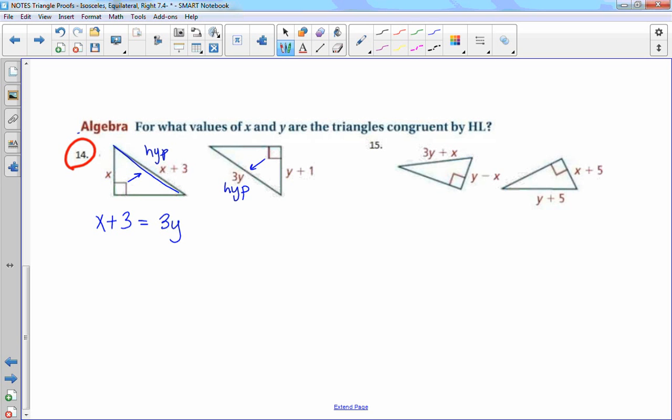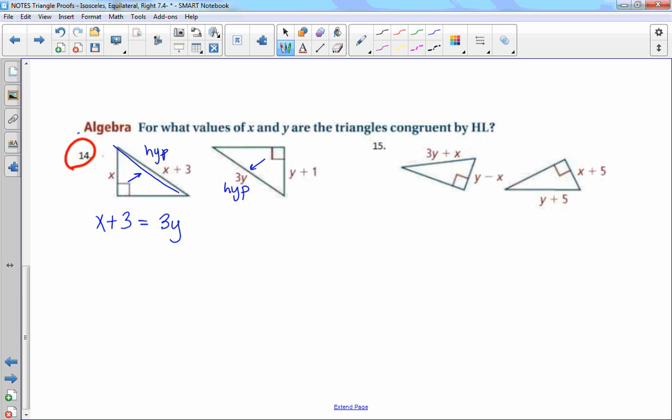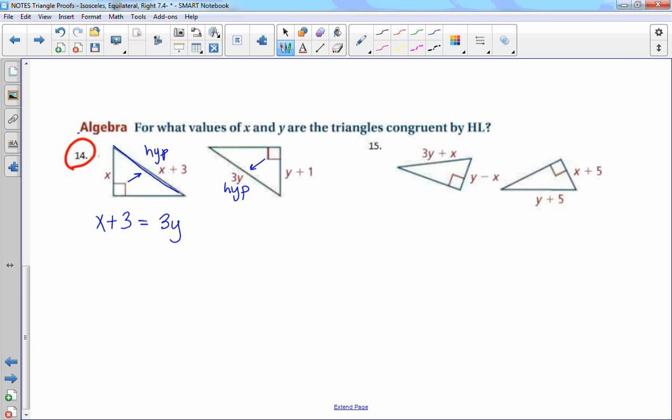Now, we have an issue here. We have two unknown variables and only one equation. You can only solve for two variables if you have two equations. If we have 3 equations, we can solve for 3 variables. If we have 10 equations, we can solve for 10 variables. I wouldn't recommend doing 10 by hand. That would be awful. Okay? So we need to get some more information so we can build a second equation.